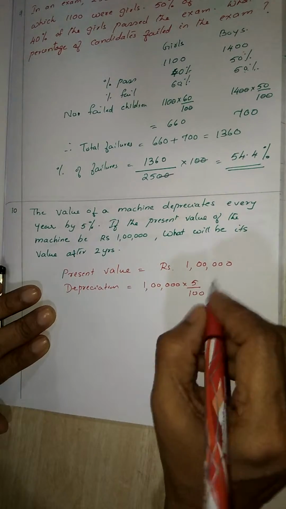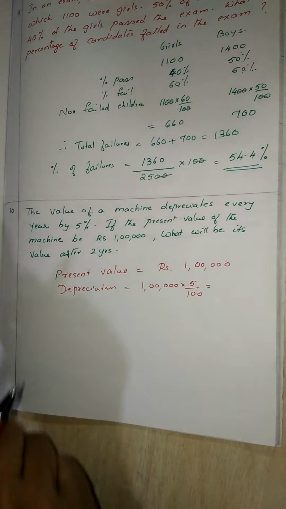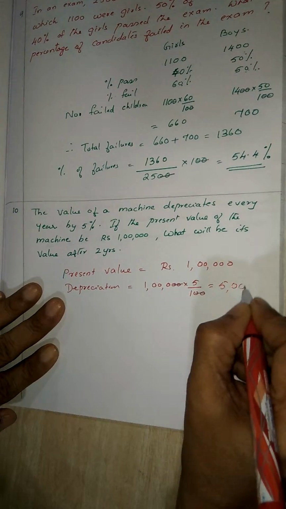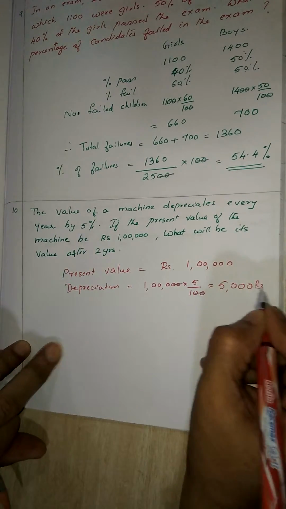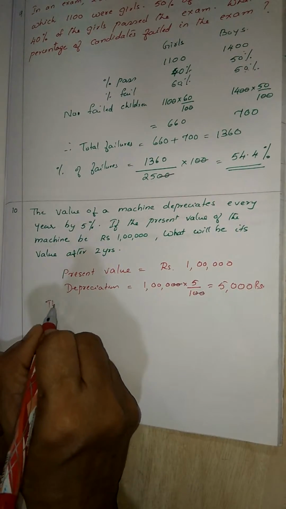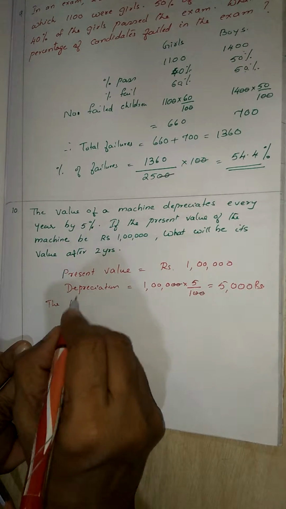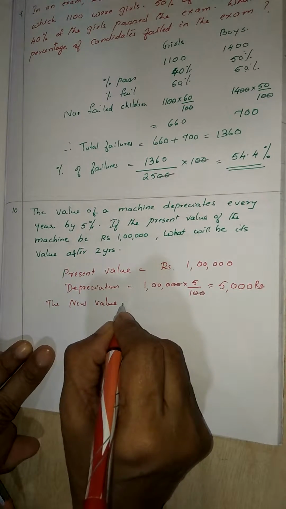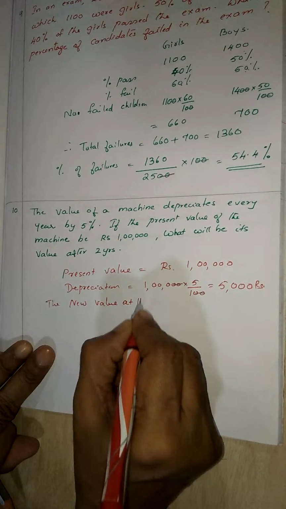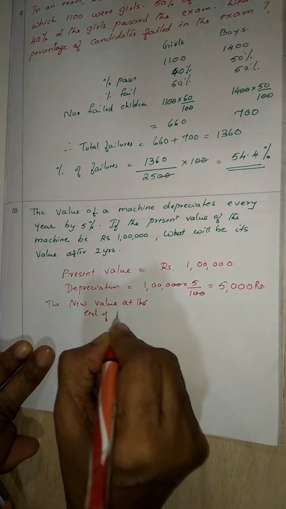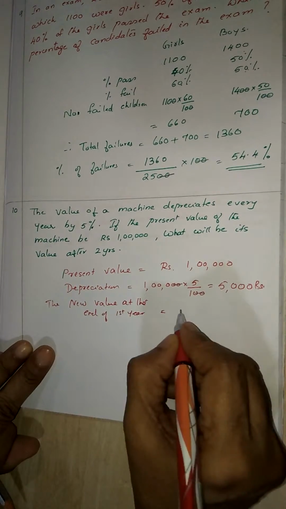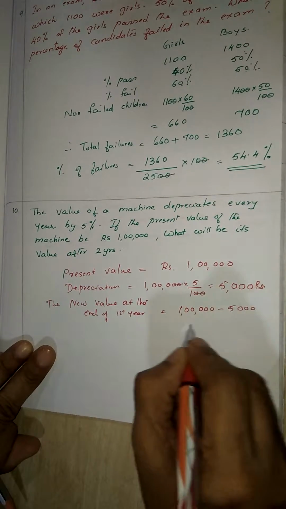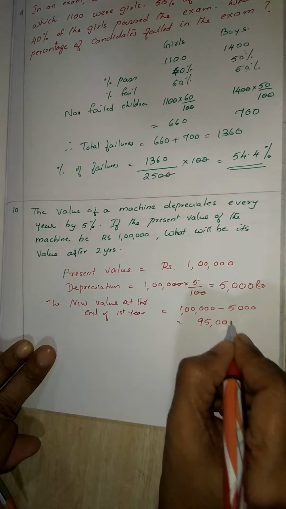So we are converting into amount. So 5000 is the depreciation amount. So the new value after 1 year, at the end of first year, is equal to 1 lakh. Depreciation means decreasing. 5000 is equal to 95,000.